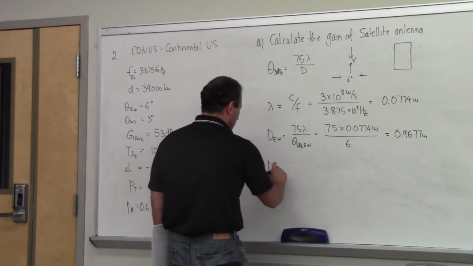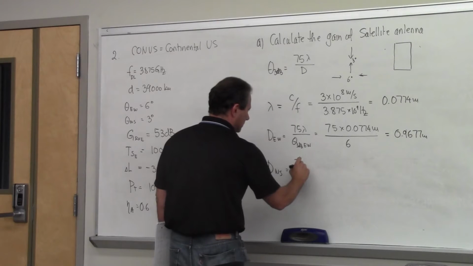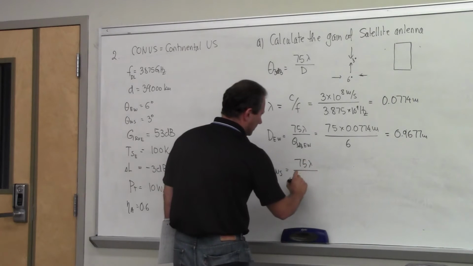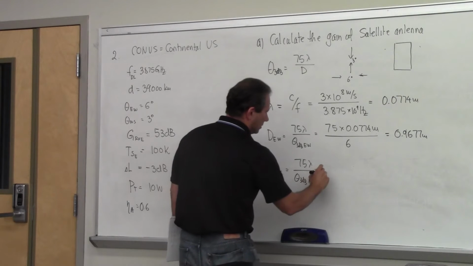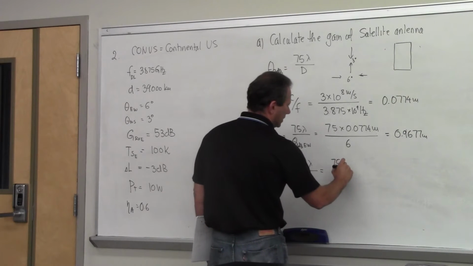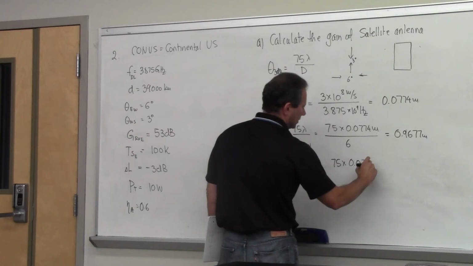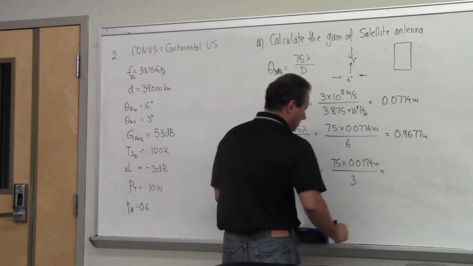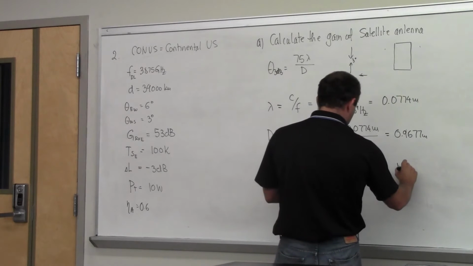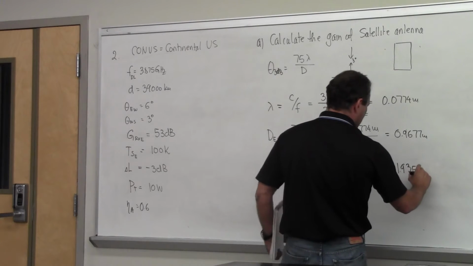And the dimension north-south is 75 lambda divided by theta 3 dB north-south, which becomes 75 times 0.0774 meters divided by 3 degrees this time. And this is 1.935 meters.